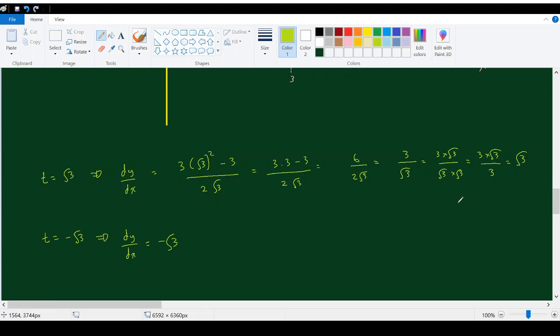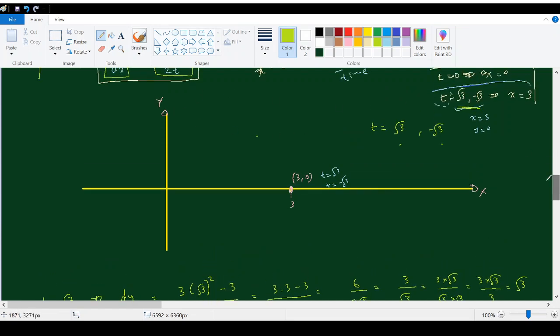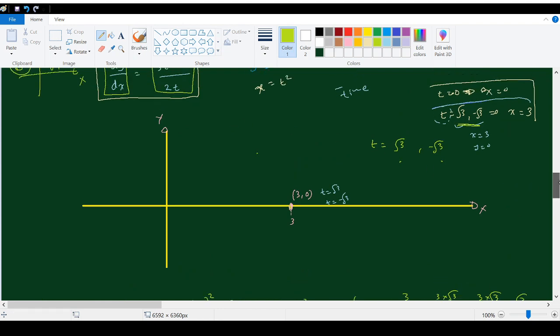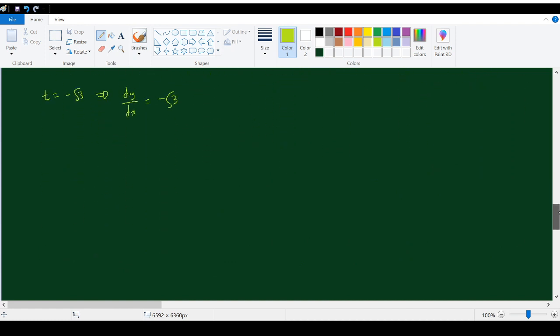So now we have computed the derivatives at each of these two points, where both these points correspond to our curve at the 0 point in the xy plane, right? And now we have to find the equations of the tangents as well.